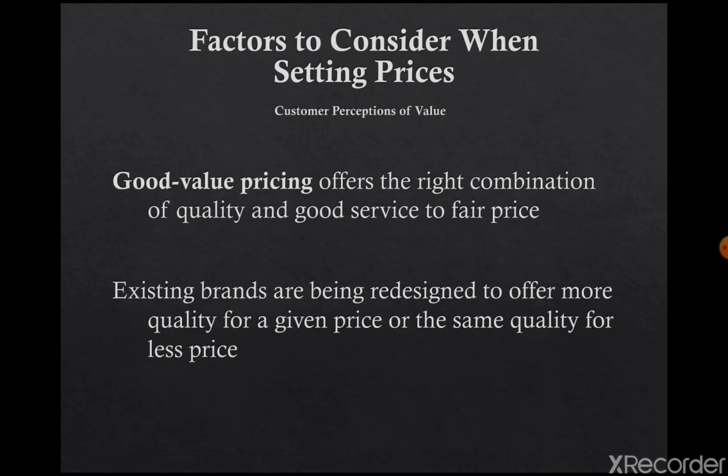So what we have done right now is that we have seen the different types of value based pricing. One was good value pricing, in which you give quality and services, the quality of the product is good, and the price of the product is fairly compatible with the market.